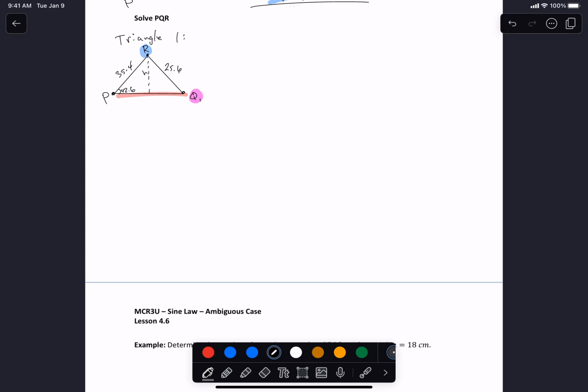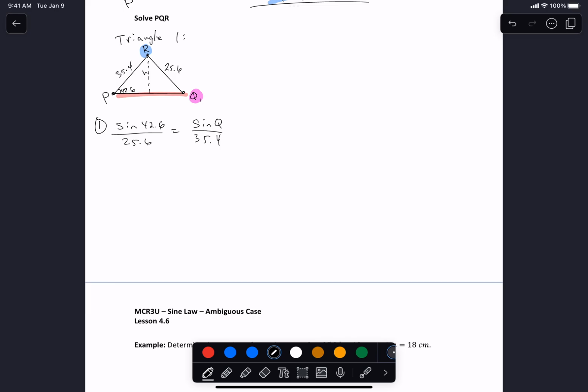Okay, so the first thing I can do is I can go sine of 42.6 over 25.6 is equal to, what do you want to do? Yeah, I think so. I could get that pink component, the angle Q, by going sine of Q over 35.4.